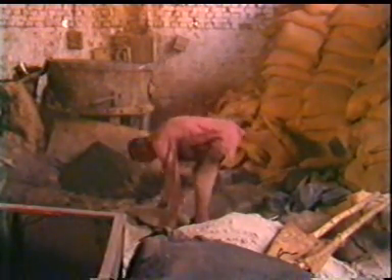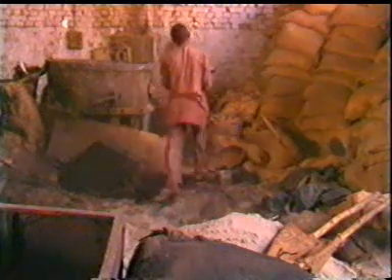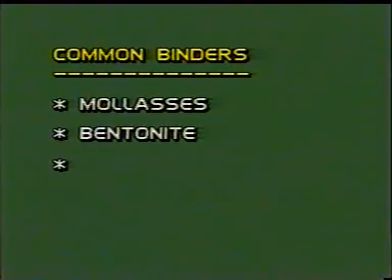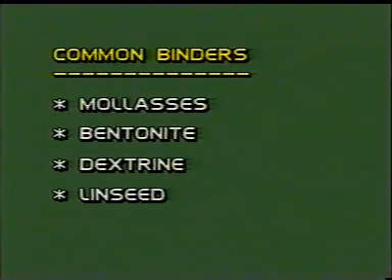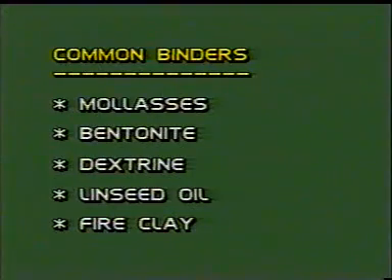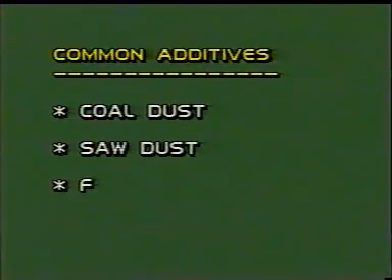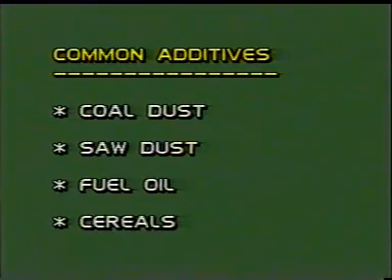To have these properties, binders and additives are added to the silica sand. The common binders are molasses, bentonite, dextrine, linseed oil, and fire clay. The common additives are coal dust, sawdust, fuel oil, and cereals.